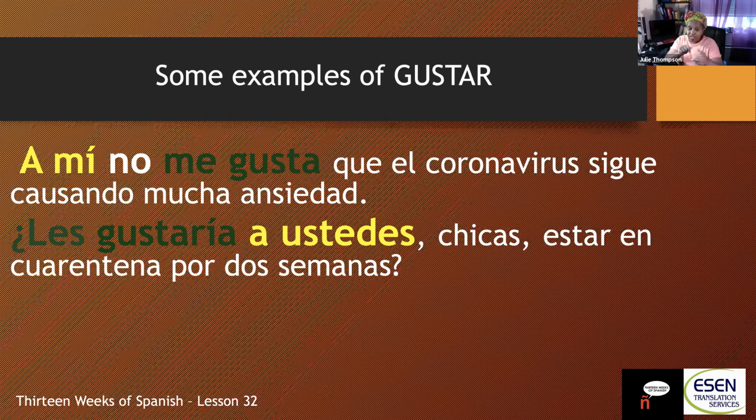And that's the way it's constructed. It's the estar. Even though it seems like, well, how can estar be a subject? It's not a person, place, or a thing. Actually, it is a thing. Right now, it's an action. It's like saying, swimming is pleasing to me.